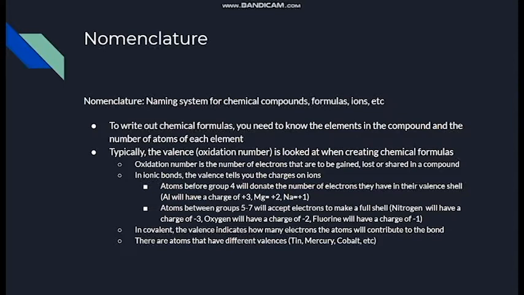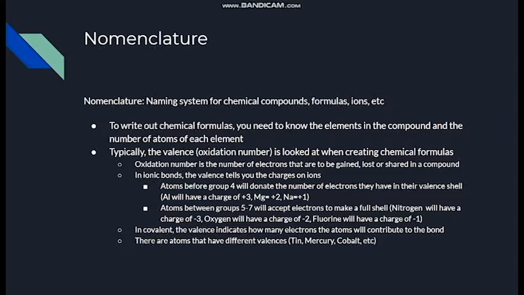Basically, the atoms before group 4 will donate the number of electrons that they have in their valence shell. For example, aluminum has a charge of +3, magnesium has a charge of +2, sodium has a charge of +1. This means that aluminum is going to donate 3 electrons in an ionic bond, magnesium will donate 2, and sodium will donate 1.